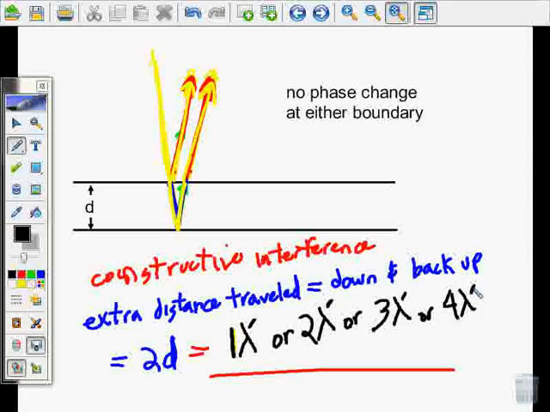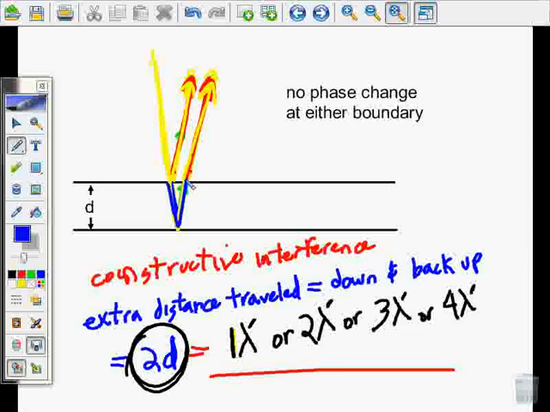But now what makes this even more tricky, what is the extra distance equal to? Twice the thickness of the film, because that light has to go down and back up. So since the light has to go down and back up, the extra distance traveled is 2D.